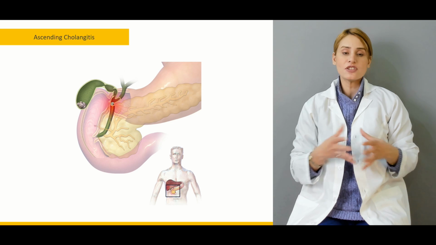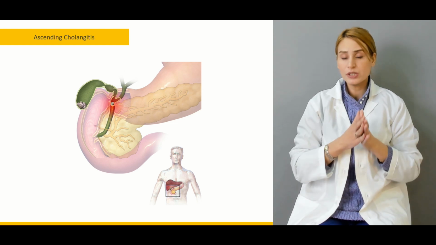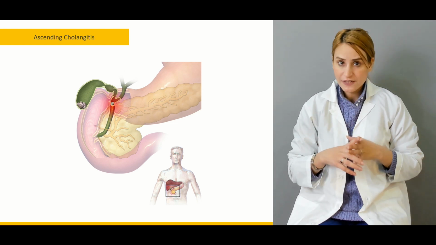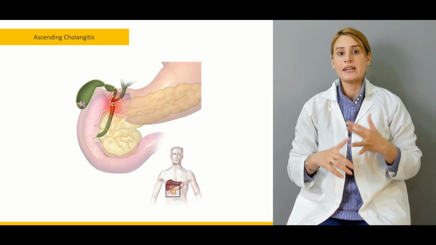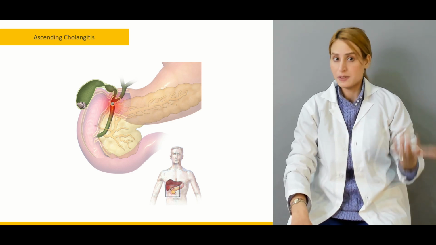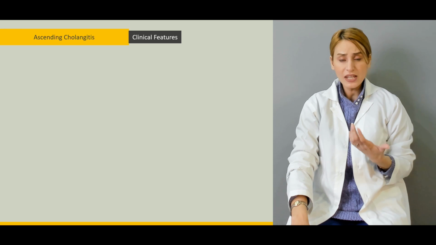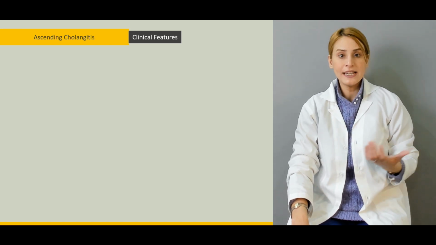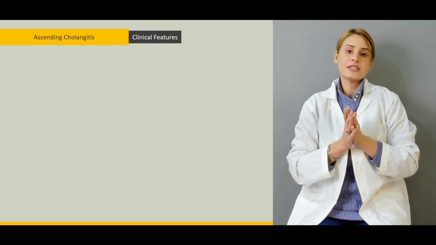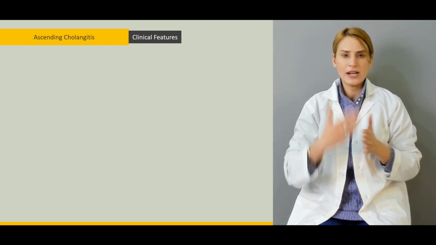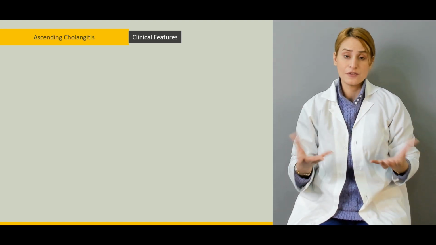If you talk about the Charcot triad, there are three important cardinal signs: obstructive jaundice, right upper quadrant pain, and rigors and chills because of the fever. So how classically the patient is going to present to you: fever, right upper quadrant pain, and obstructive jaundice.